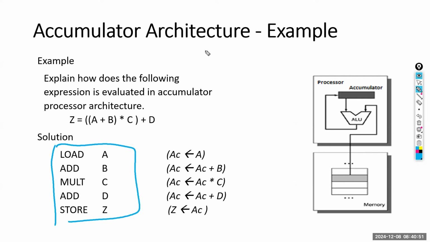Earlier we had something like push A. Now we have something like add B or load A. Load A means load the value in memory address A to the accumulator register. Add B means add the value in the accumulator register to B and bring the result back to the accumulator.